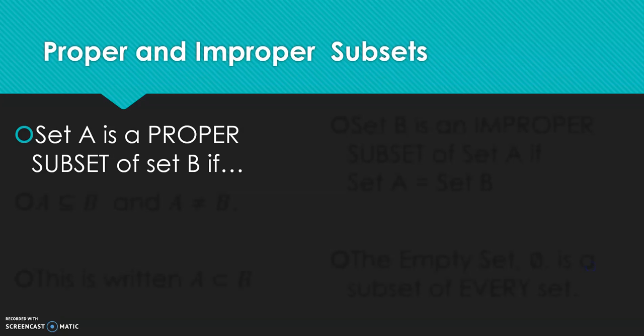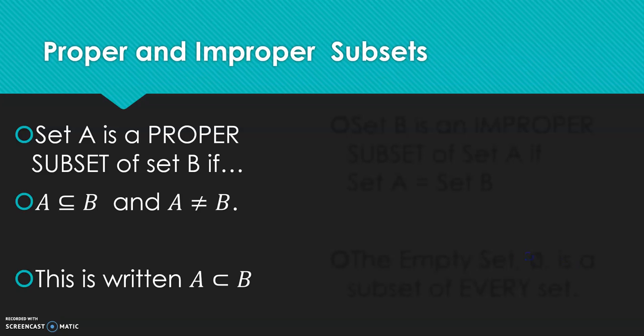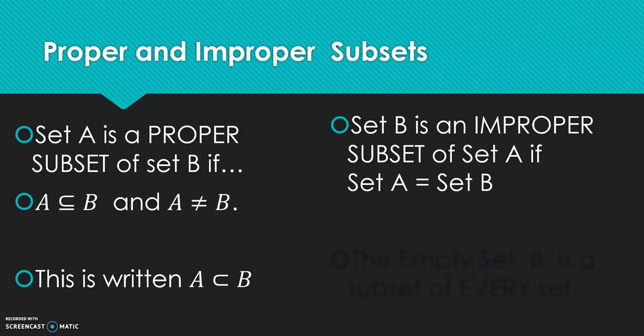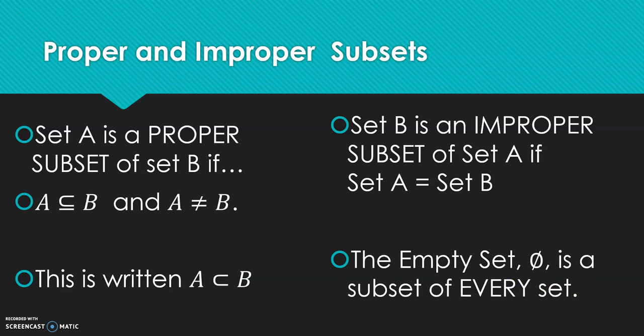Set A is a proper subset of B if A is a subset of B and A does not equal B. This is written: A is a proper subset of B, with a sideways U. Set B is an improper subset of set A if set A equals set B. The empty set is a subset of every set.